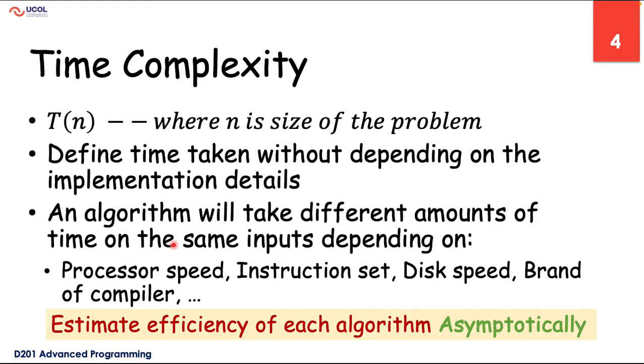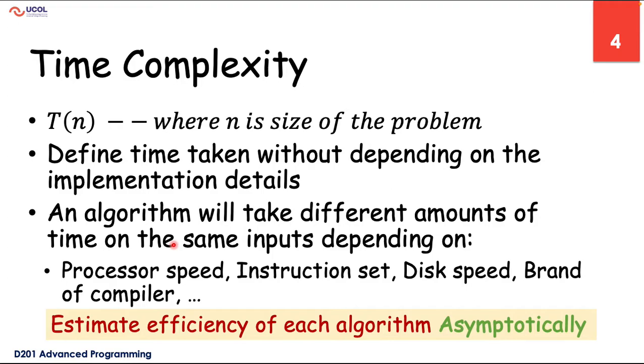Definitely, if we have a very powerful computer, even if the algorithm is complex, it will take less time. On the other hand, if we have an efficient algorithm but we are running it on a very slow computer, it will take more time. So when we are doing the time complexity analysis, we don't look at the actual computers on which you are running.